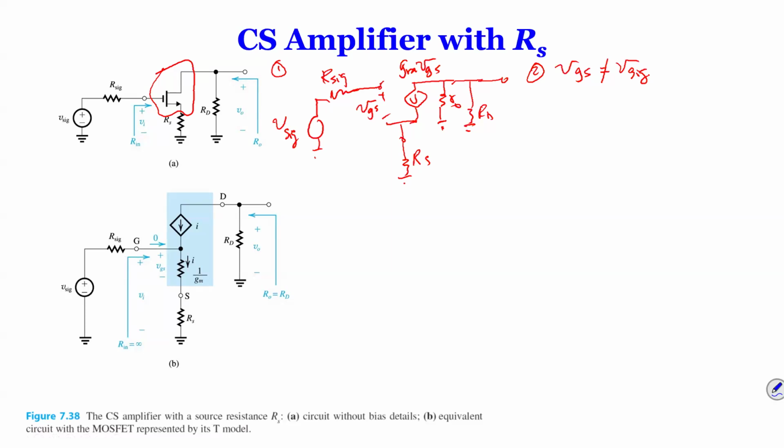You look at it the first time, you might think, oh, VGS and V sig are in the same circuit. Yes, they are in the same circuit, but it's not equal. Why? Because the bottom of VGS is not ground. The ground is actually at the bottom of RS. So if you do a loop analysis, you would find this.